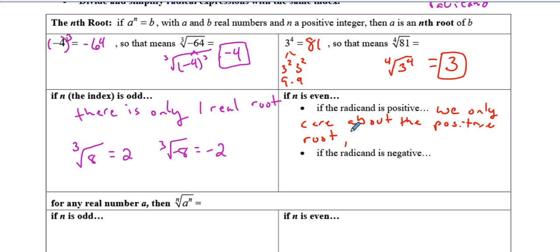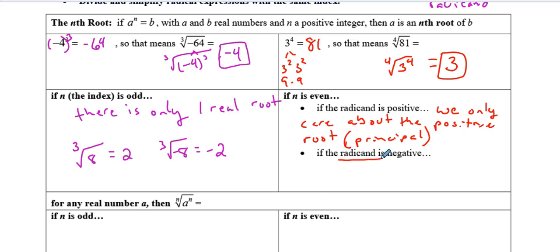And this is called the principal root. So when simplifying, we only care about the positive. Now, if we're doing an equation with variables, then we're going to have to worry about all the solutions, all possible solutions. But if we're just simplifying, we're only caring about the positive root. We're only caring about the principal root.